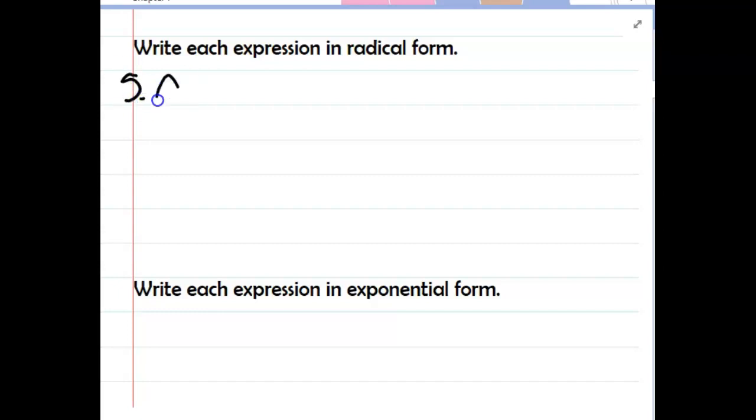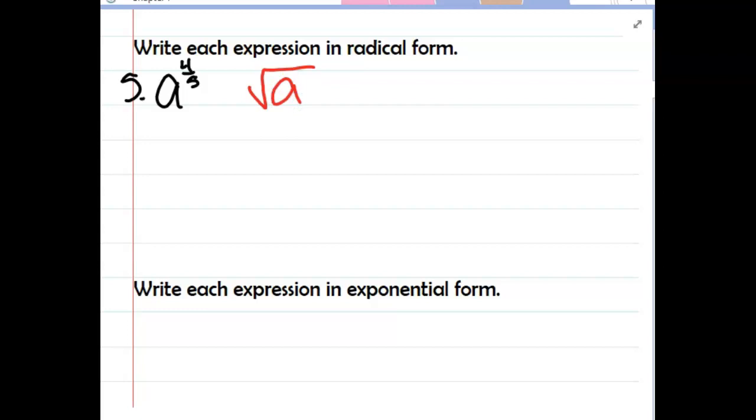So this one, if I have a to the 4/5, what I want to do here is write this as a radical. So that means I'm going to have a radical, okay? Now what's going to go underneath your radical is the base. So my base here is the a.